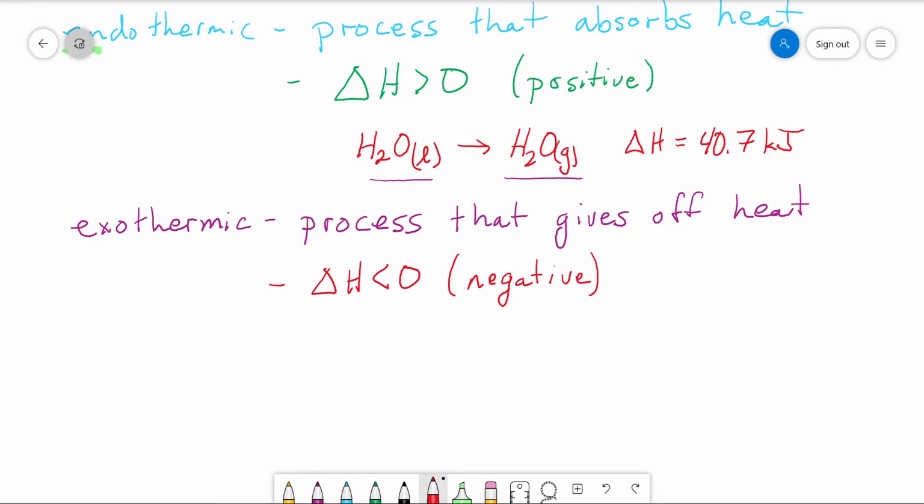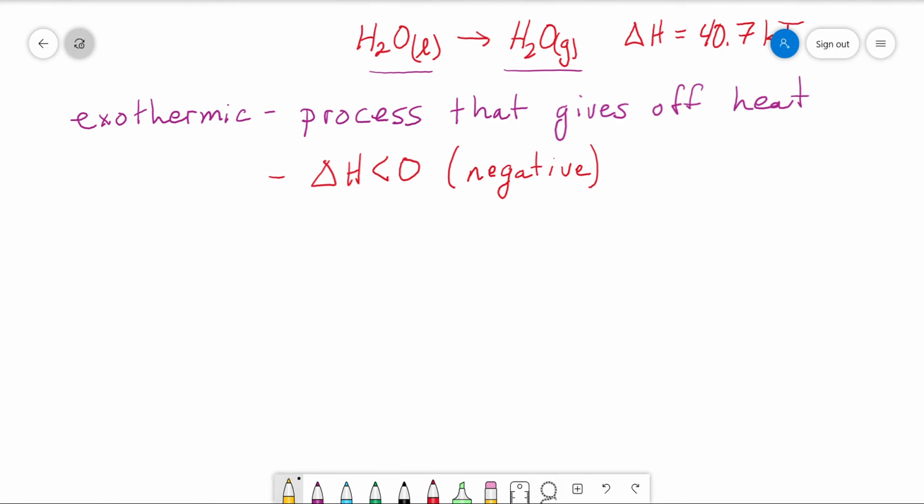Okay, so a chemical reaction that shows that, I'm going to make it real complicated. H2O gas goes to H2O liquid. So it may not be totally obvious, but when gaseous water turns into liquid water, it gives off energy. How much energy? Well, delta H is, go ahead and guess. Hopefully you said negative 40.7 kilojoules.